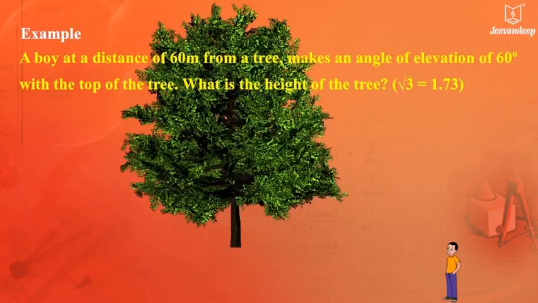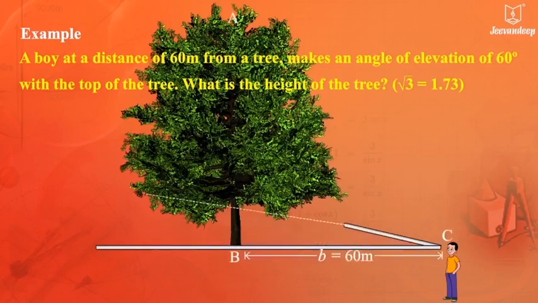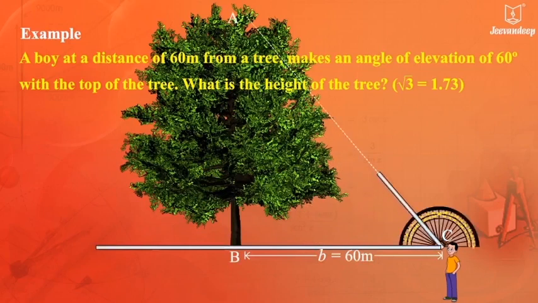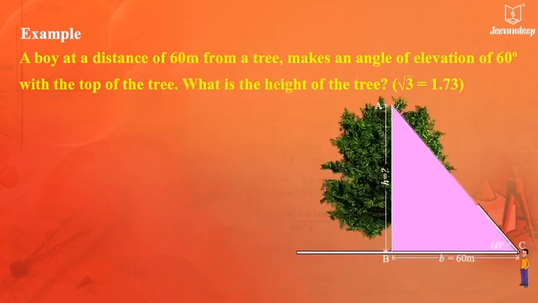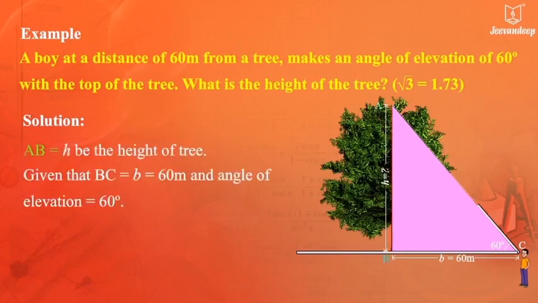Example: a boy at a distance of 60 meters from a tree makes an angle of elevation of 60 degrees with the top of the tree. What is the height of the tree? √3 equals 1.73. Solution. From the figure, AB equals H be the height of the tree.